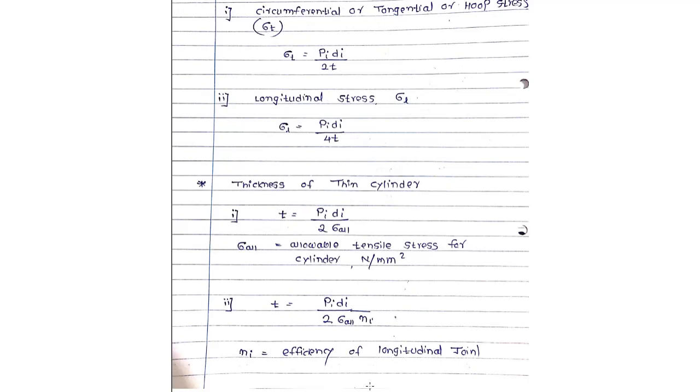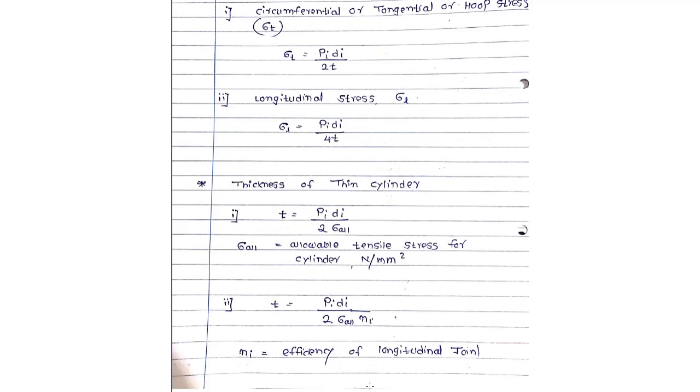So in that case, T is equal to Pi into Di divided by 2 times sigma all. This formula remains the same, multiplied by NL. Sorry, it's NL. This NL is nothing but the efficiency of the longitudinal joint. Sometimes in the numerical they are going to mention two efficiencies.